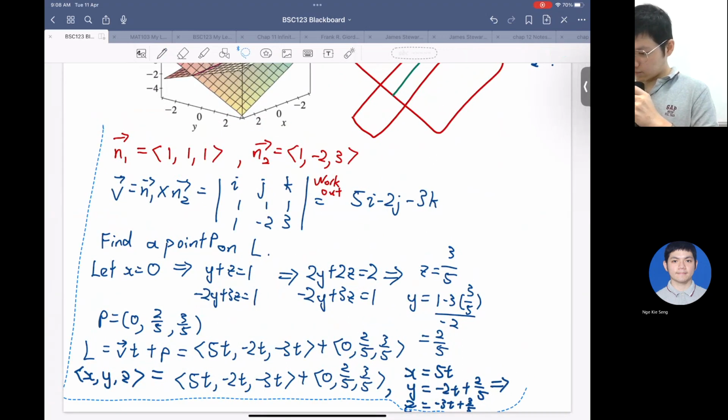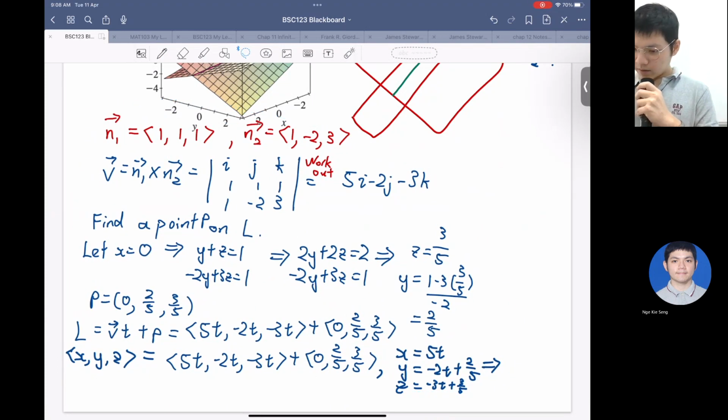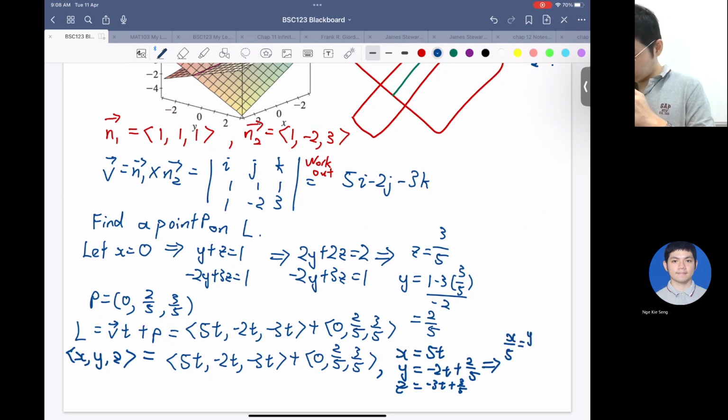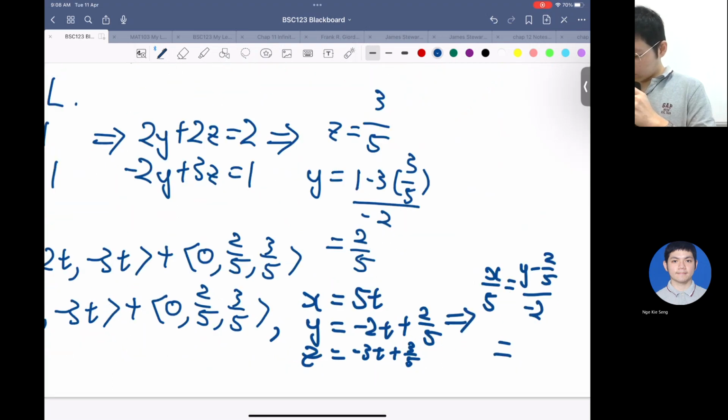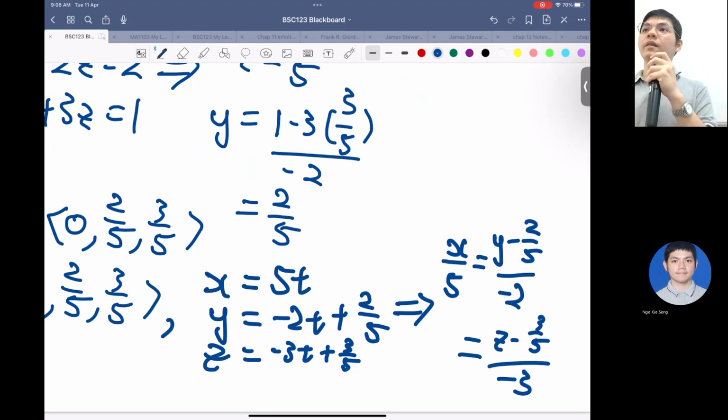If you want to turn it into a symmetric equation, what do we get? We get x over 5 equals y minus 2 over 5 over minus 2, equals z minus 3 over 5 over minus 3. So these are a few equivalent ways to write the line, depending on what the question needs.